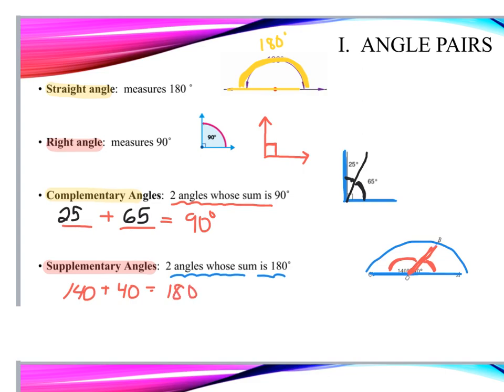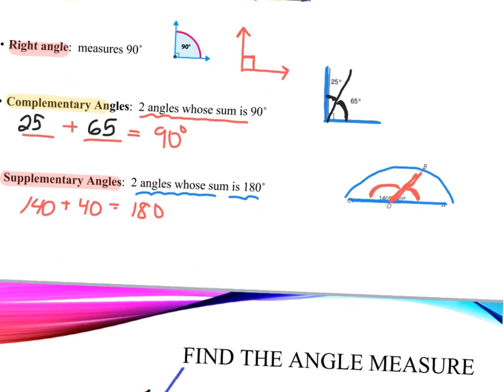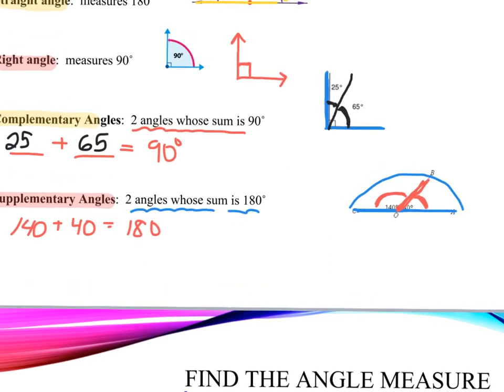Okay, here's one way to help you remember those two words, complementary and supplementary. If we draw our C for complementary, and draw our S for supplementary, I'm just making these a little bit more bold. Okay, so I can show you this little trick. C for complementary.